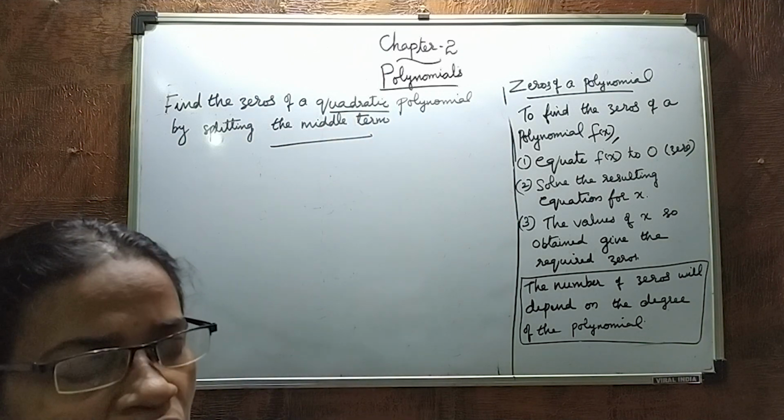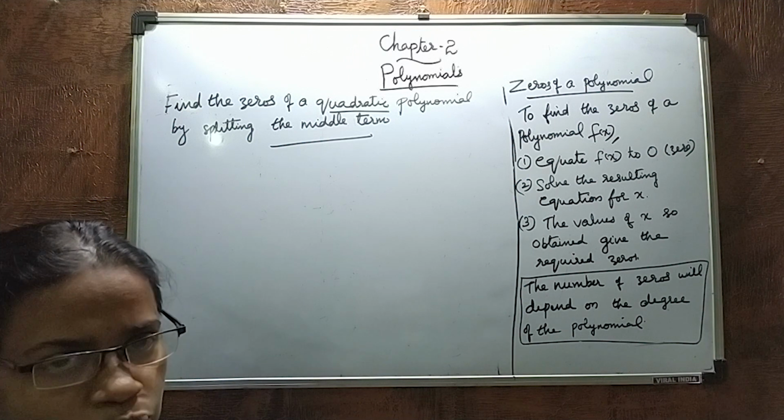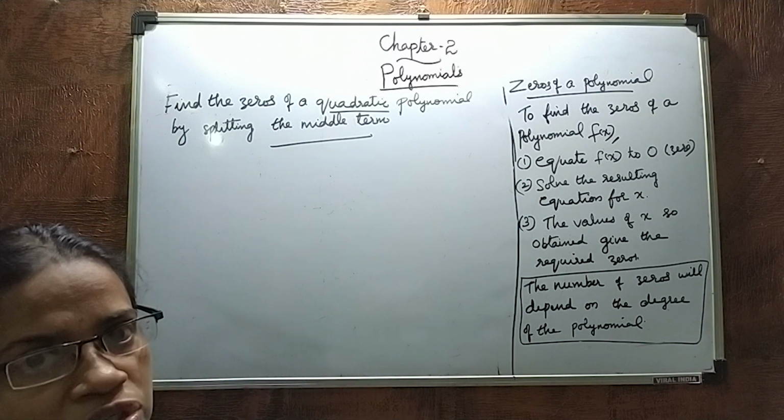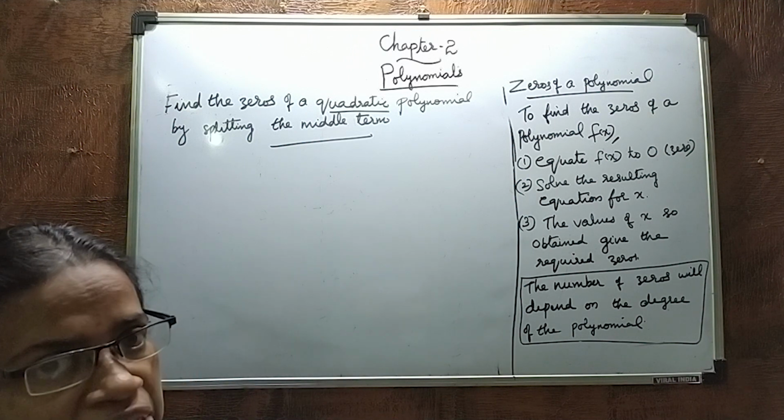Now for the quadratic polynomial, degree is 2. So you have to find out two zeros, by using splitting the middle term.